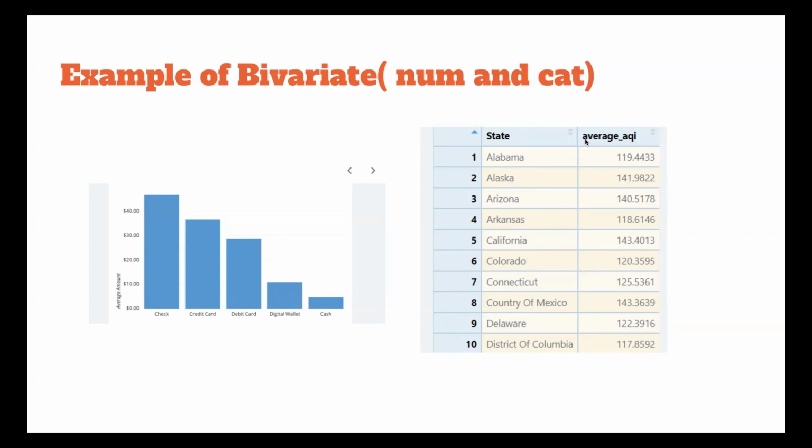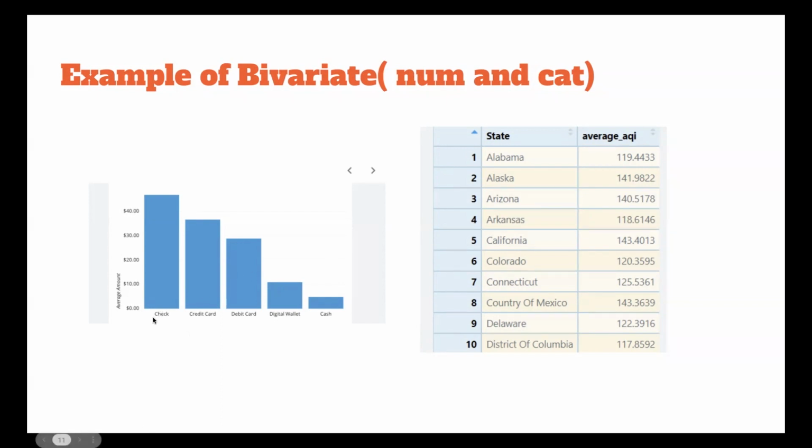But because you have just one for each, if you run a bar chart with this, on the x-axis you're going to have Alabama, Alaska, Arizona, and you are going to have the average AQI on the y-axis. So what would happen is the lowest here is 118.